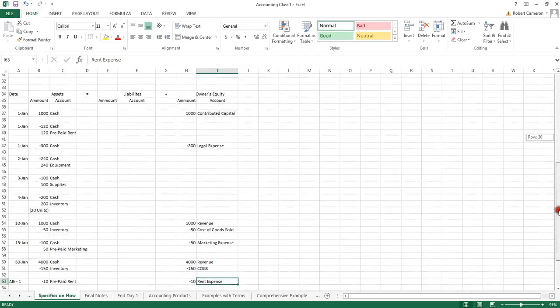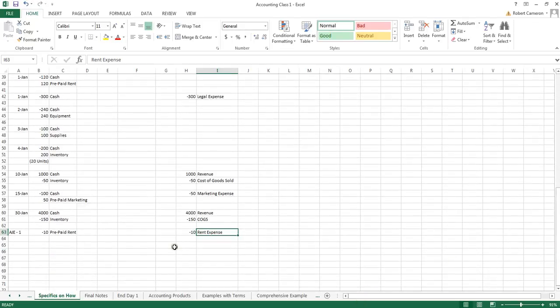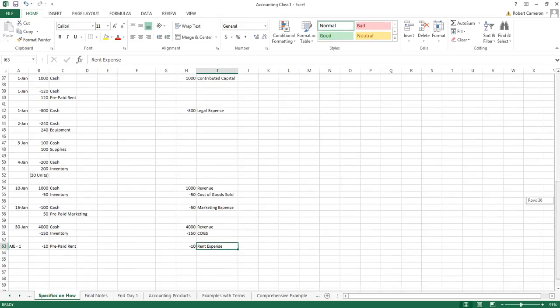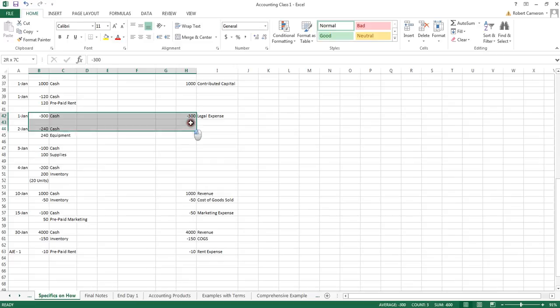So that was actually a deferral, but we're doing accrual accounting, and now the actual economic substance has changed, because we used a month of that prepaid rent. So, moving onwards. The next thing, the legal expense, okay, we took care of that right then and there.